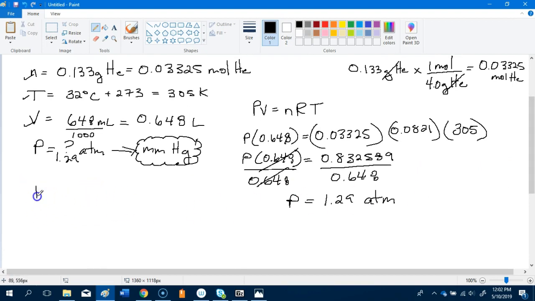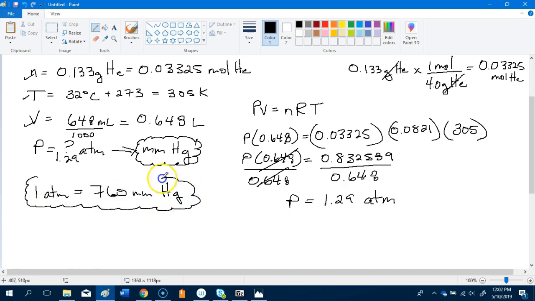I know that 1 atmosphere is equal to 760 millimeters of mercury. So I have to go back to my pressure constants and look that up. So that is from the constants list. I didn't have to solve for that. I'm going to use that to go from atmospheres to millimeters of mercury.